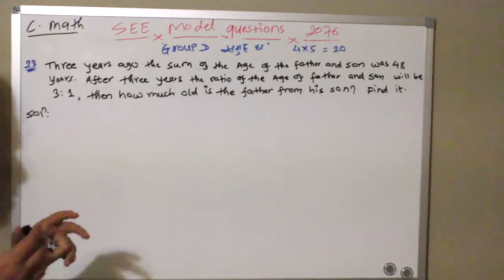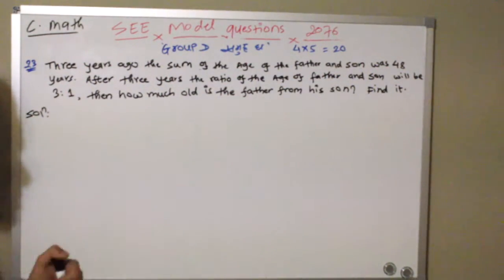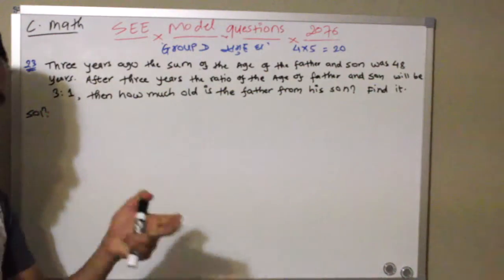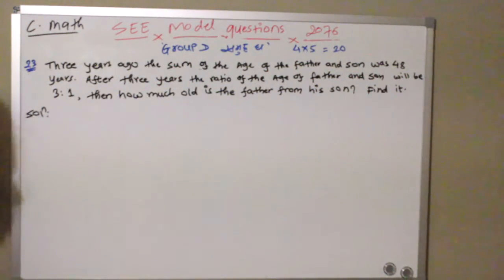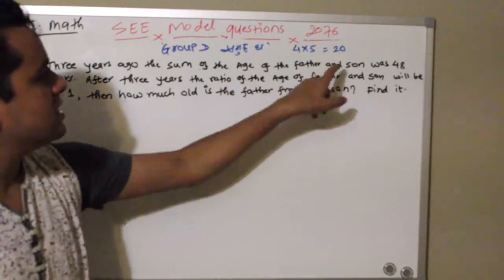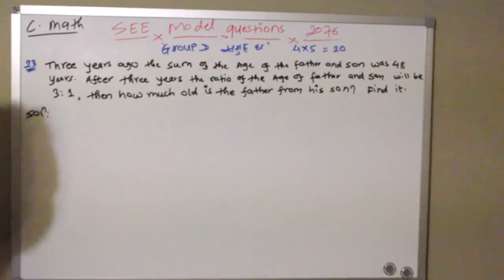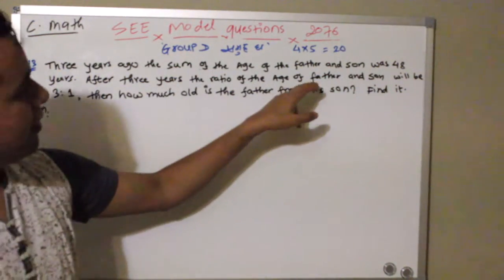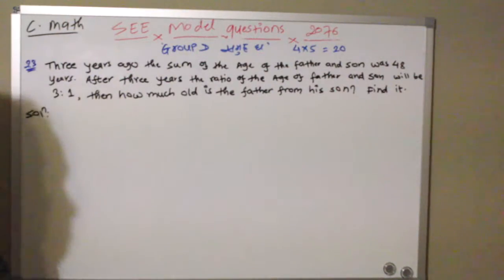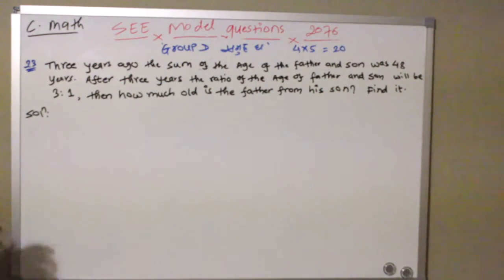Let's say the current age of dad is X and the son's age is Y. 3 years back means 3 years less. But after 3 years from today, their age ratio would be 3:1. Then find how old the father was.